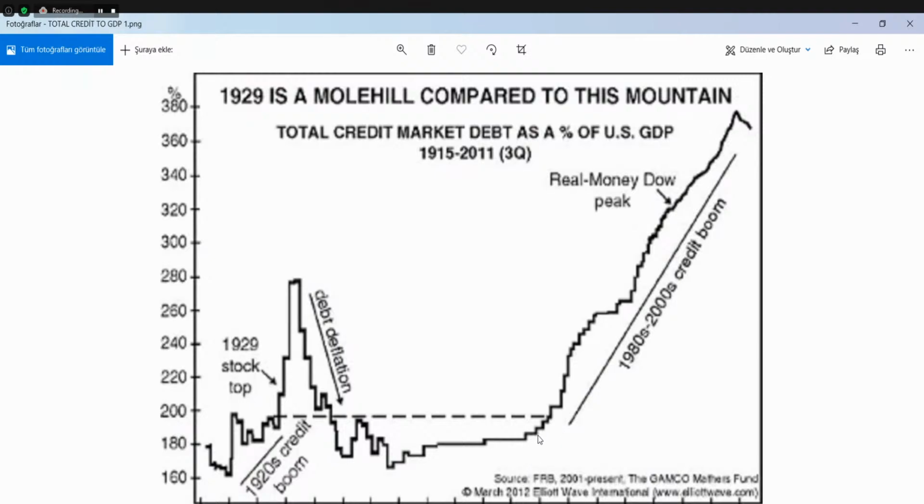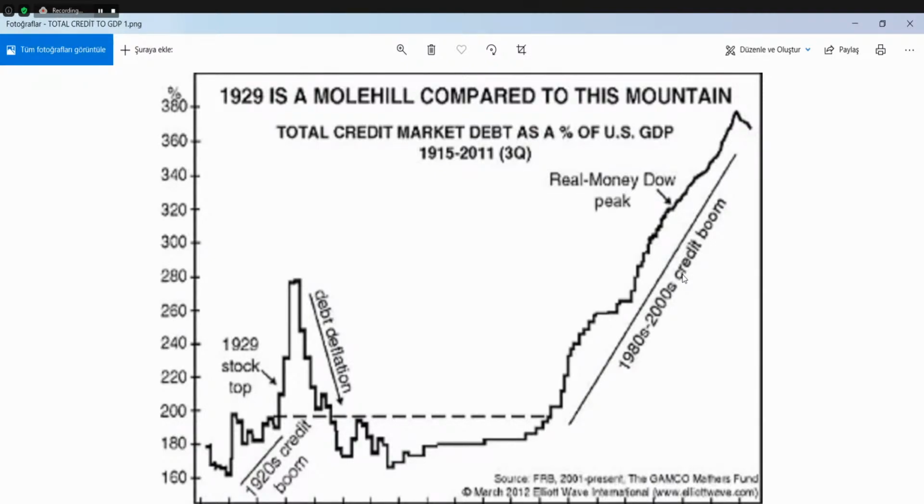And after the 1980 period, in which the US broke the ties between gold and the US dollar, you see the credit bubble skyrocketed. And that's the problem. That's the weakness of the economy. So any natural cause like COVID would pull the trigger. It was obvious. Okay. All right.